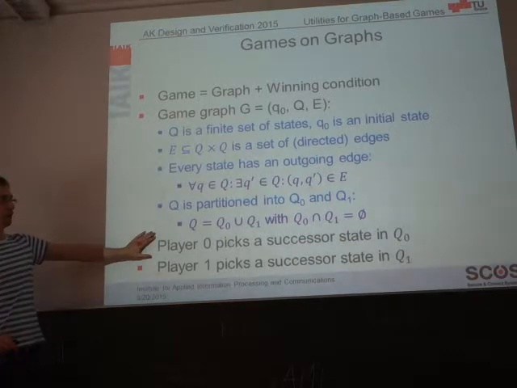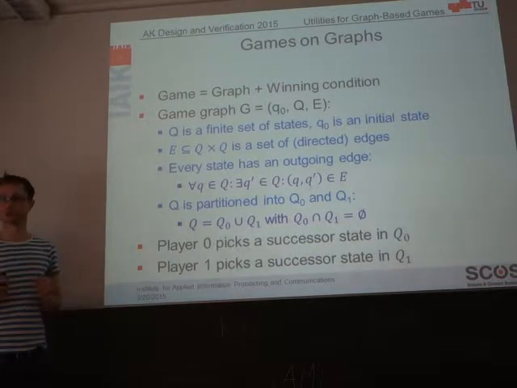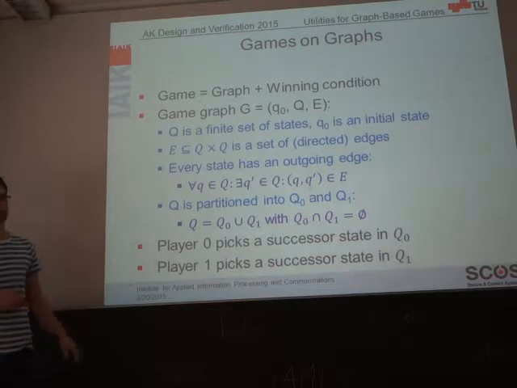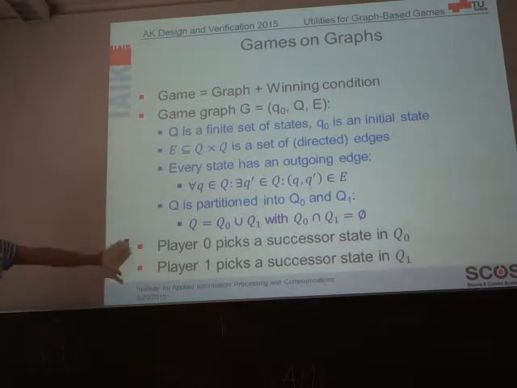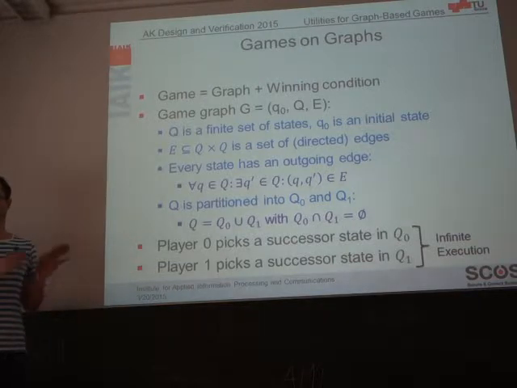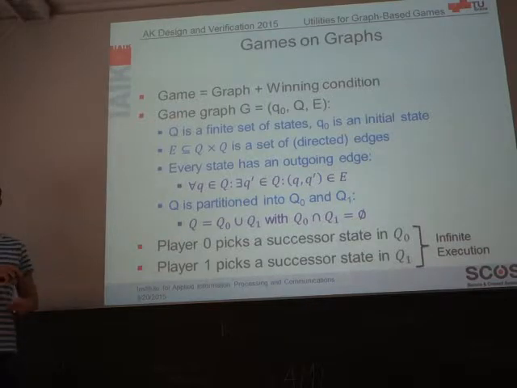Whenever we are currently in a state that belongs to the set Q0, then player 0 gets to pick one of the successor states. And whenever we are in a state that belongs to player 1, then player 1 picks a successor state. And this is repeated basically in an infinite execution. So the plays that we play on this game graph are not finite, they are infinite, at least conceptually.